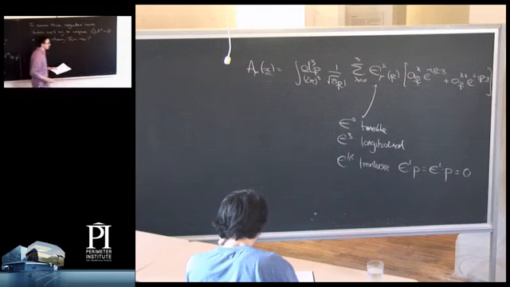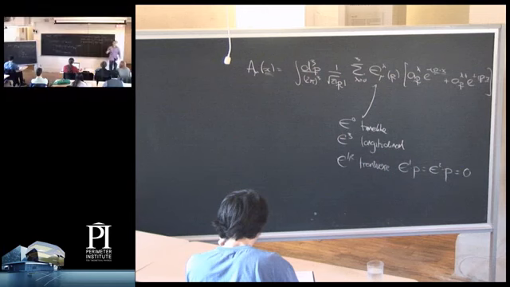Okay, but how are we going to do this? So here's the first thing that you might think of if you're told to impose this equation in a quantum theory.